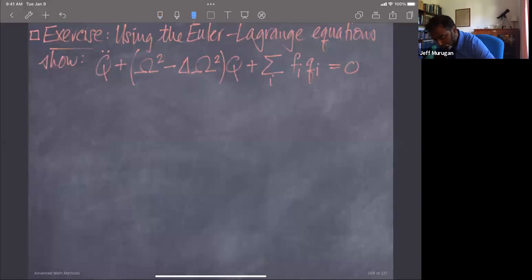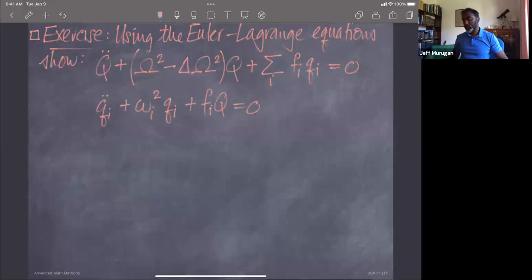And the equation of motion for the little q's is that q_i double dot plus omega_i squared q_i plus f_i Q equals 0.